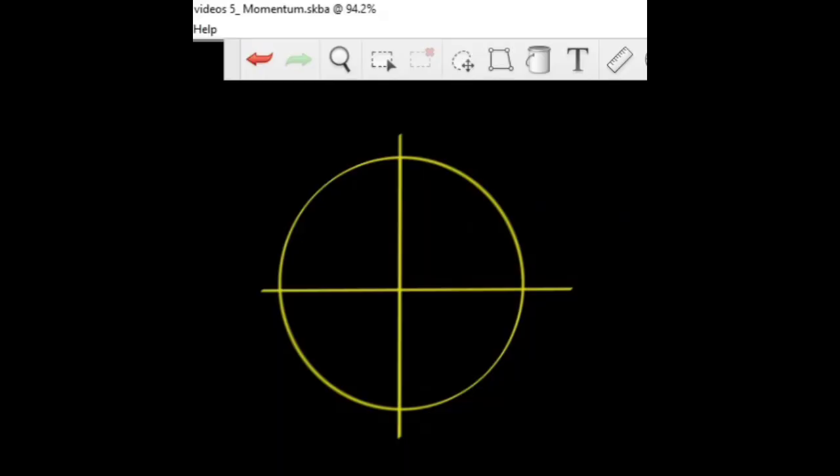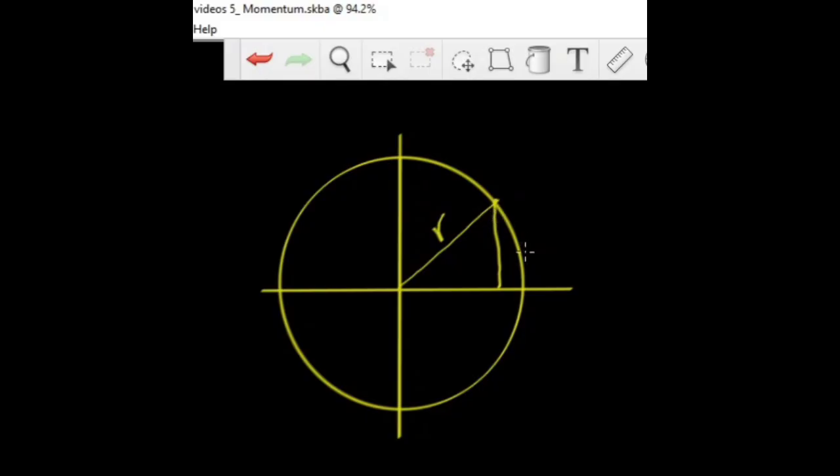Let's prove it. If we have a radius from the center to any point on the circle, and we drop a vertical line from this point down to the x-axis, what we have is a right angle inside the circle. The hypotenuse is our radius, so this is our hypotenuse, which is the radius.